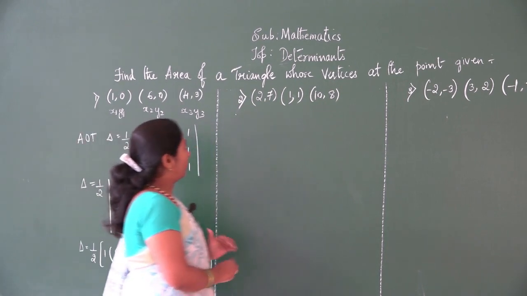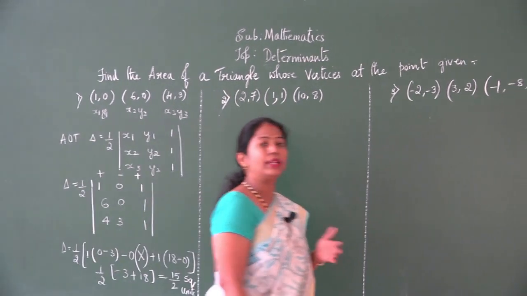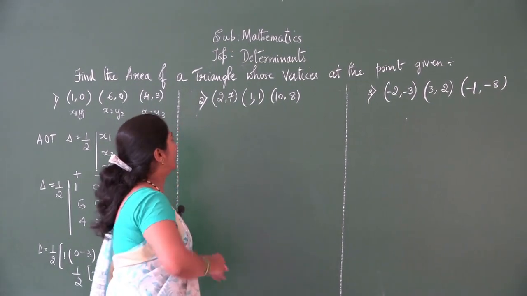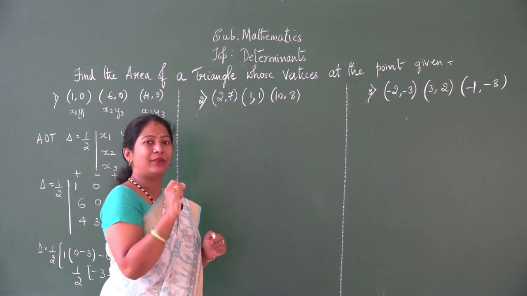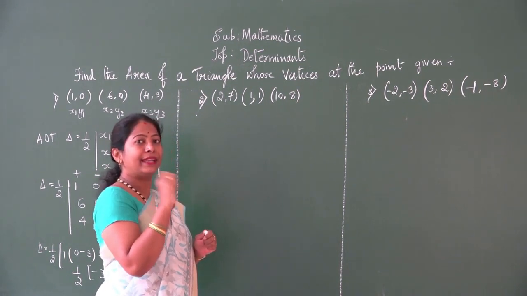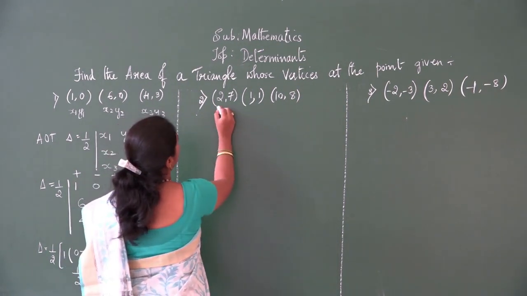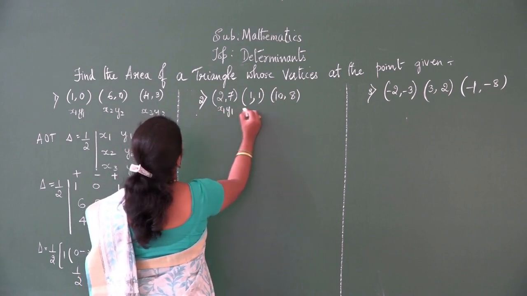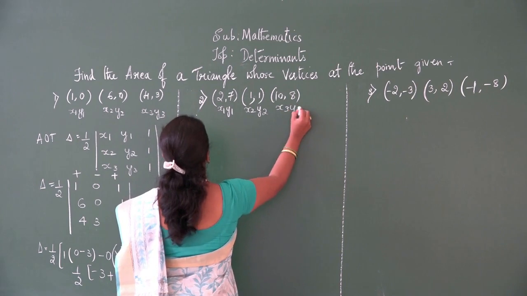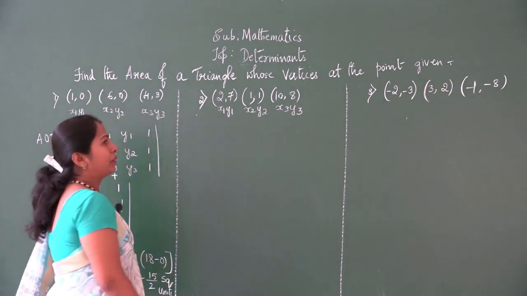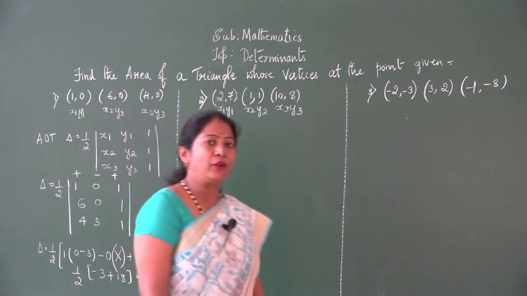Moving on to the next problem, 2, 7, 1, 1, 10, 8. The first thing we are supposed to do is mark the coordinates as x1, y1, x2, y2 and x3, y3. What is the formula used to find the area of a triangle?